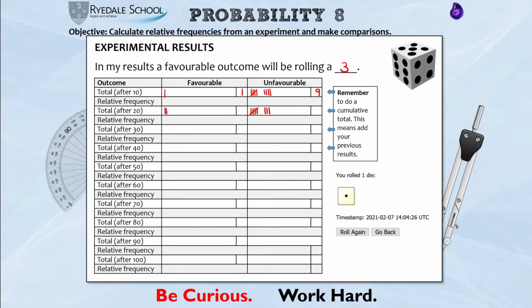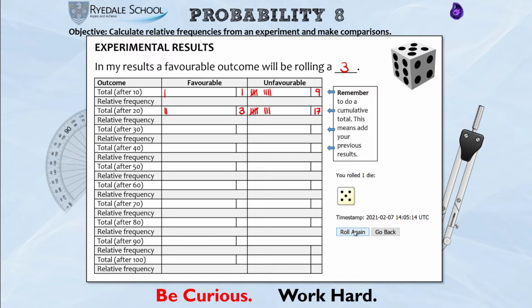Now, I'm not going to write 2 and 8 here because I want to do something called a cumulative total. So altogether now, I've had 3 good ones, and 17 bad ones. These numbers should add up to 20 because I've now done 20 throws. Let me do another 10.